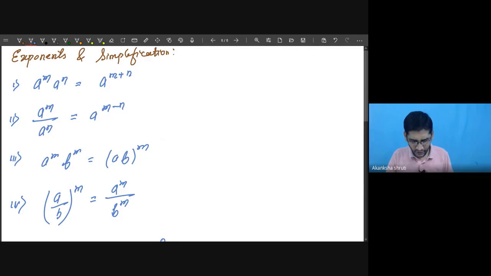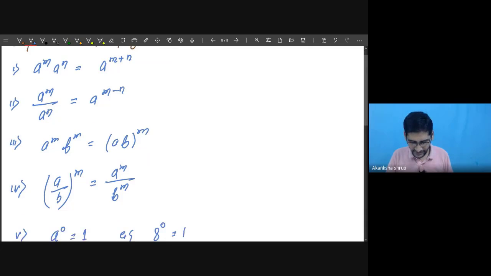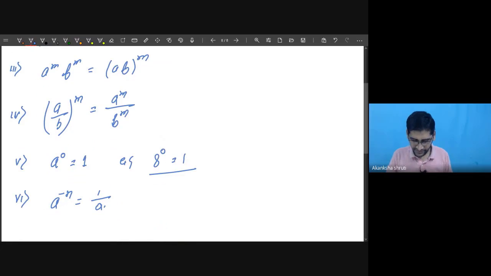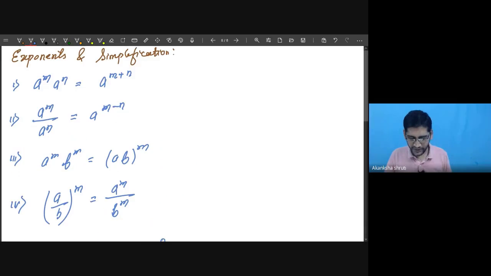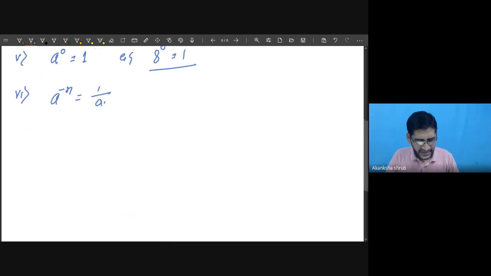This n could be a fraction or an integer itself. So this is all about the exponents, and based on this we have already done it. Another thing we learned was that if we have rational and irrational parts, then the rational and irrational parts should be equated separately.